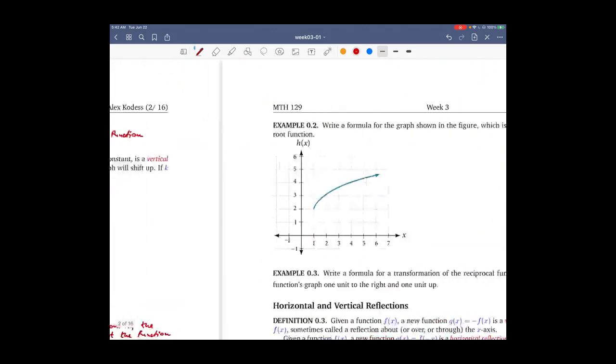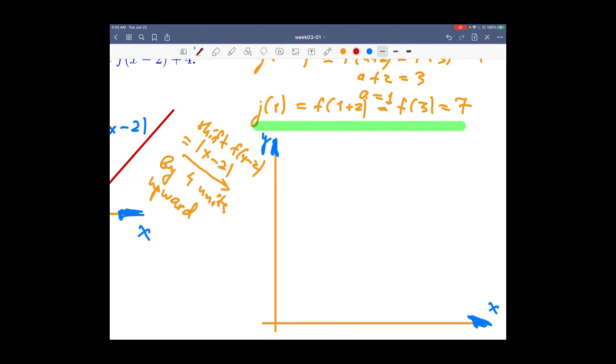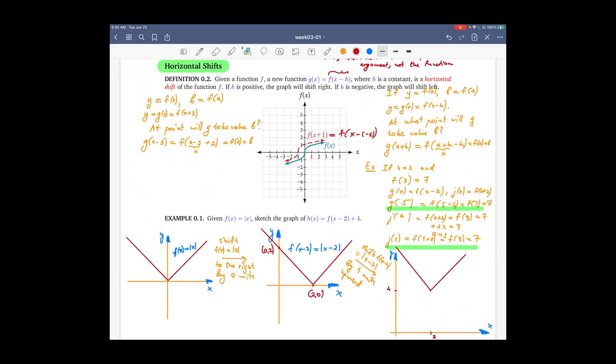When we shift by 4 units upward, the special point will be at 2, 4. And we again get this V-shaped graph.